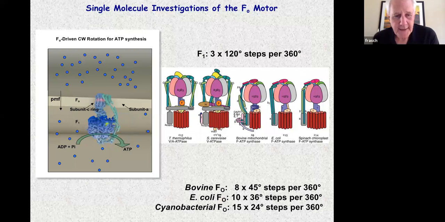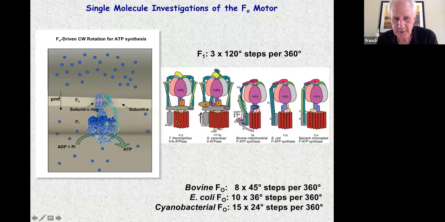Okay, moving on to the FO motor, then. All of these different complexes for the F1 work in 3 successive 120-degree steps, each separated by a catalytic dwell, to get a full rotation of 360 degrees.